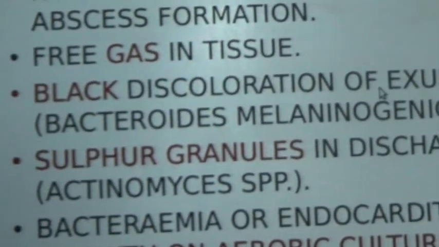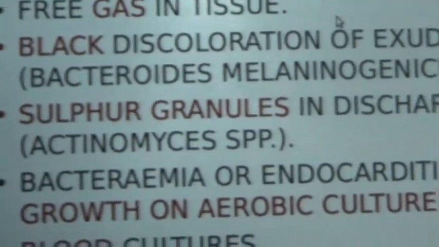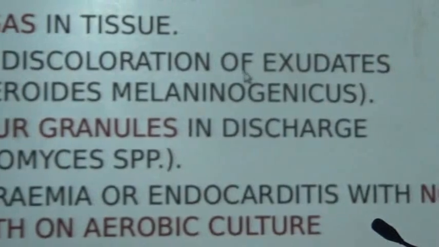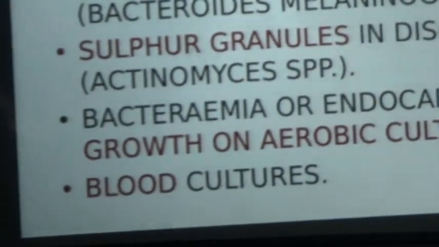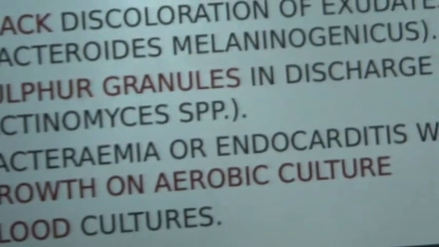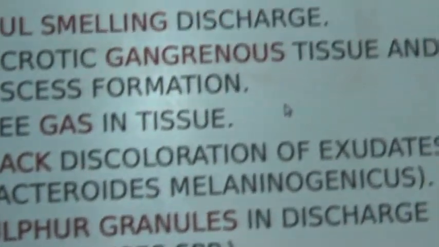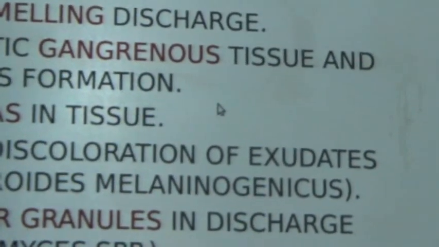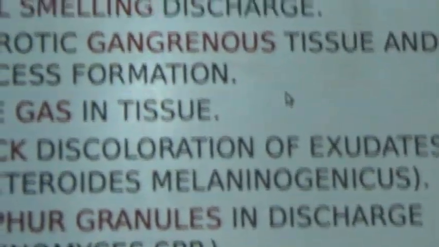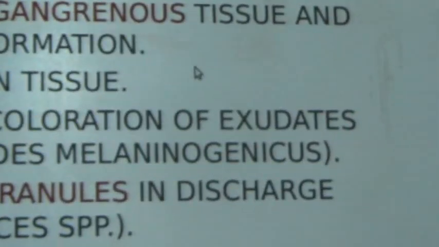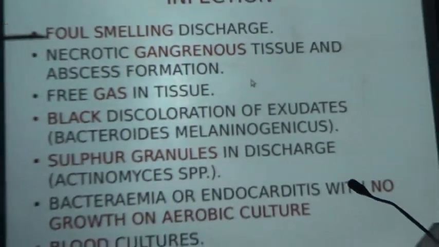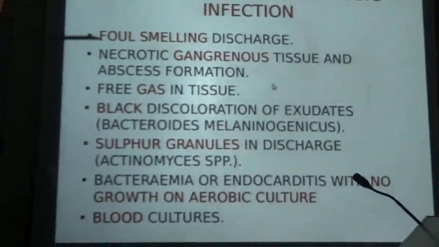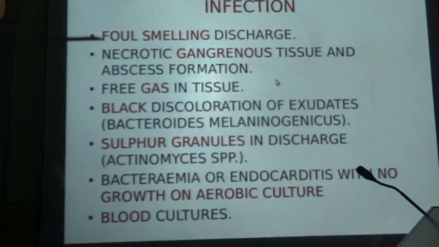First thing is, if the discharge in the wound or anywhere is very foul smelling, always suspect anaerobic bacteria. Then necrotic areas, the areas where tissues are dead, are likely to have anaerobic growth in them. And gangrenous areas also have the presence of anaerobic bacteria.